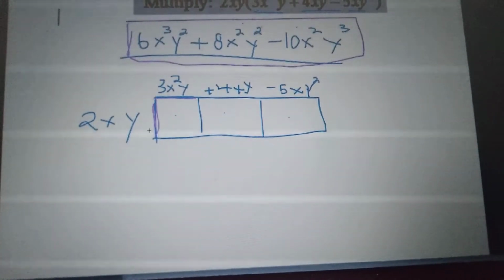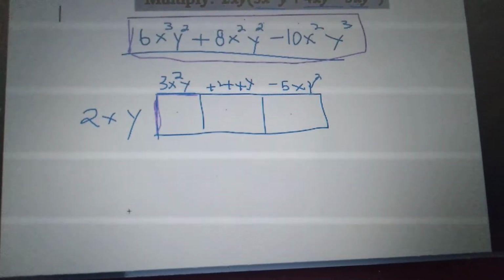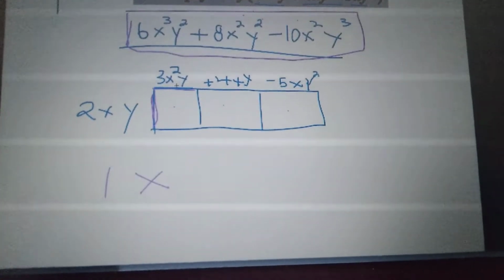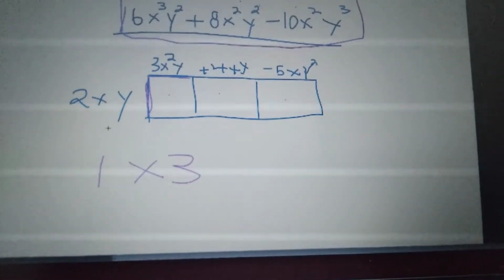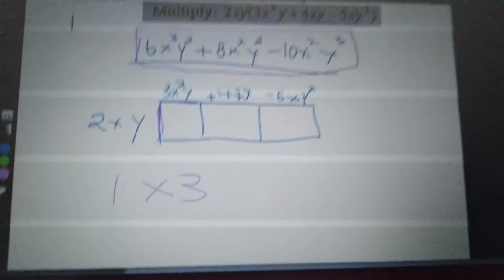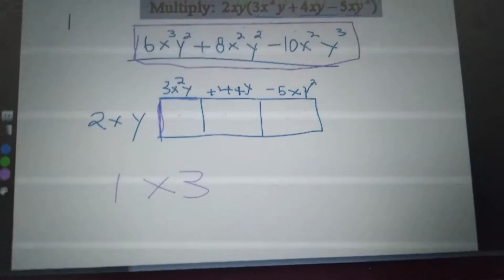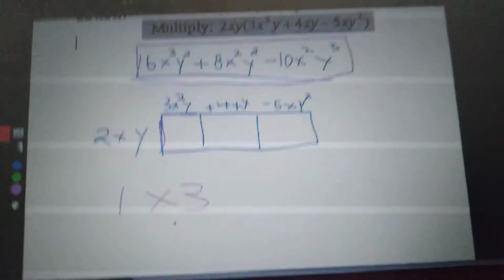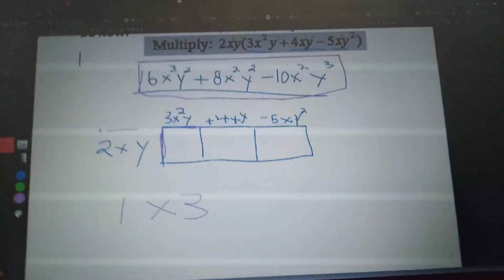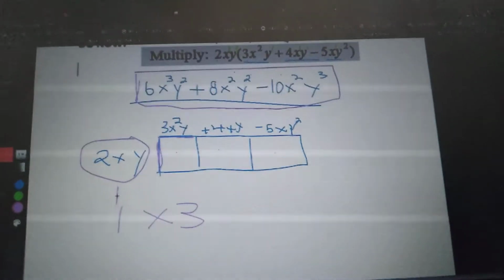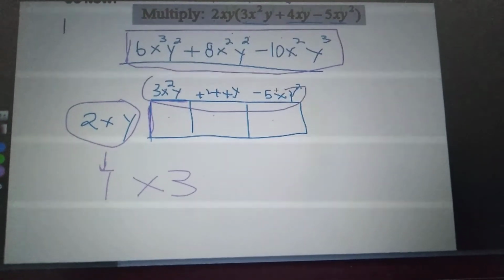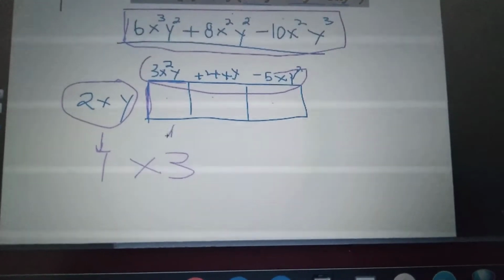Good. So to calculate the area of this box, I'm going to call this box a 1 term on the outside by 3 terms. This is a 1 by 3 box. Does that make sense? 1 times 1, 2, 3 terms. Good? Another way to say it is a monomial, 1 term, times a trinomial, 3 terms.